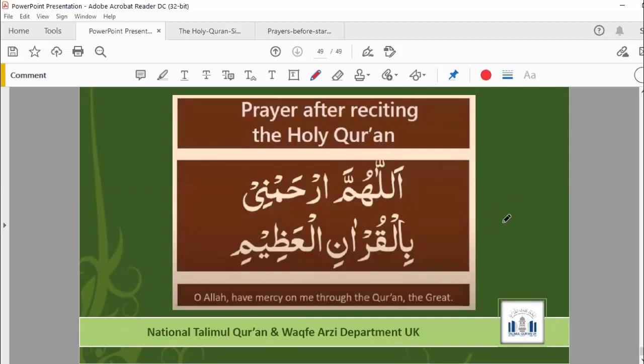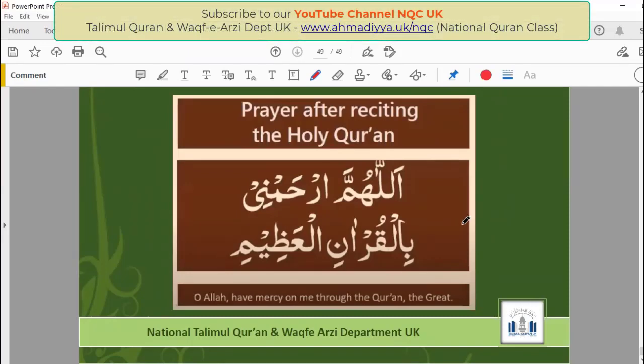A'udhu billahi minash shaitanir rajim. Bismillahir rahmanir rahim. Prayer after reciting the Holy Quran. Allahumma arhamni. No, not arhamni.